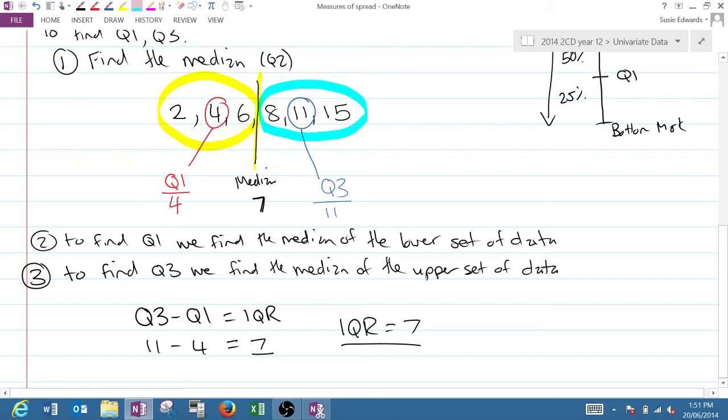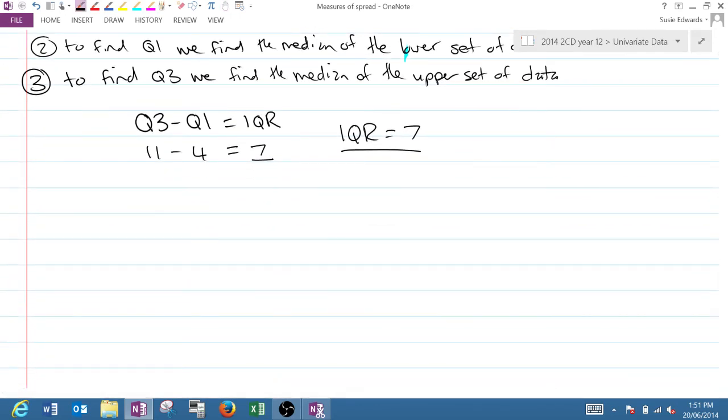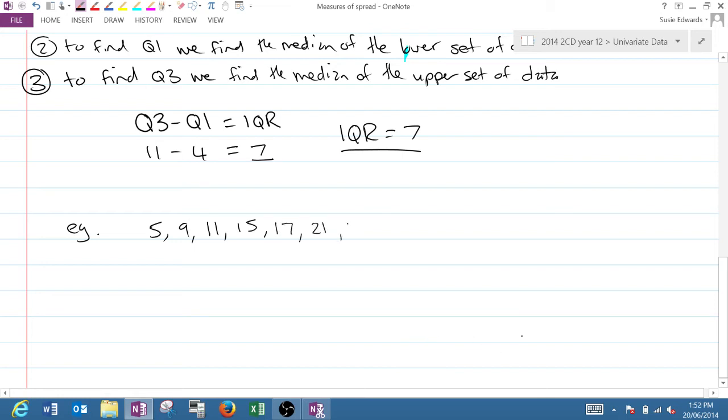It changes a little bit when we have an odd number of data, okay? So, can I move this page down? Yeah? Okay, so if we do an example of this set of data, 5, 9, 11, 15, 17, 21, and 23, okay?